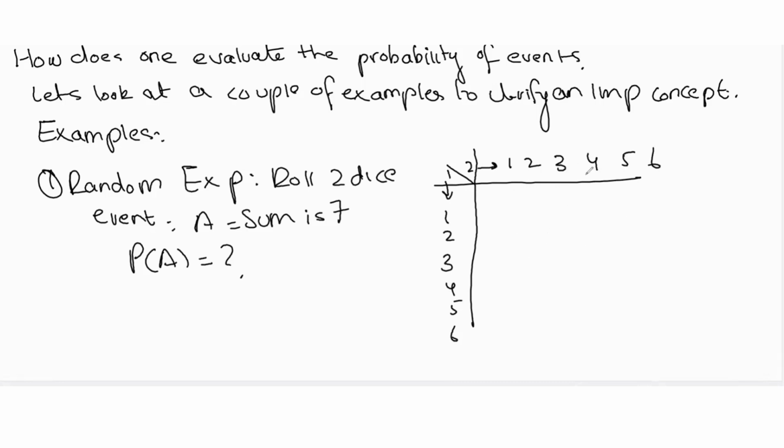And we are interested in all those outcomes that have a sum of 7. So this should be 1 plus 6 is 7. This would be 2 plus 5 is 7. This could be 3 plus 4 is 7. So it would be 4 plus 3 is 7, 5 plus 2 is 7, and 6 plus 1 is 7.